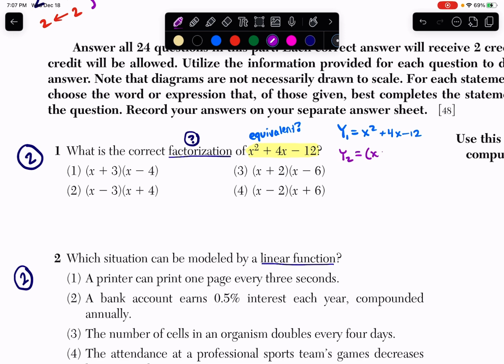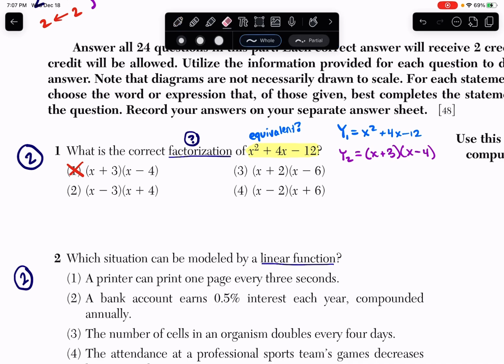And I'm going to type parentheses x plus 3, parentheses x minus 4 into y2. When I type this in, if I go to my table, what I see is that y1 and y2 do not match. So even though I don't know what factorization is, answer 1 is not matching the question.